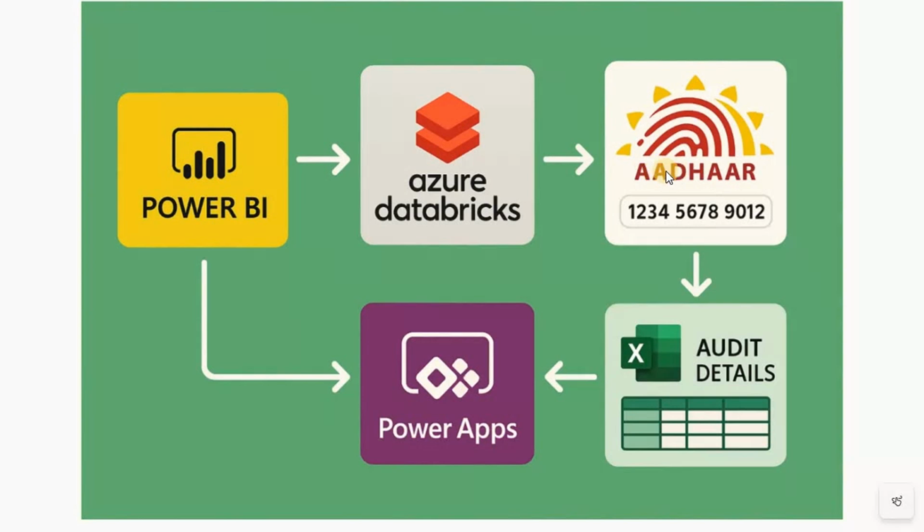But the requirement was to capture who was looking at the data, what other details they looked at, and at what time they looked at them, all as part of our auditing. We logged that information into an Excel sheet that is present in OneDrive.